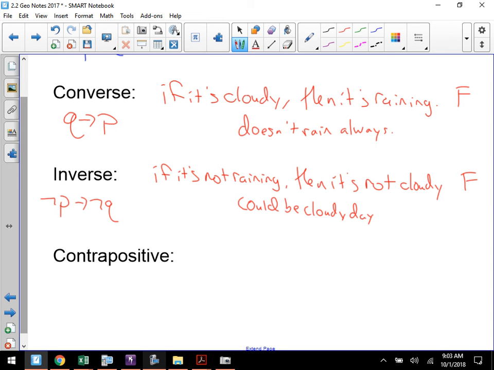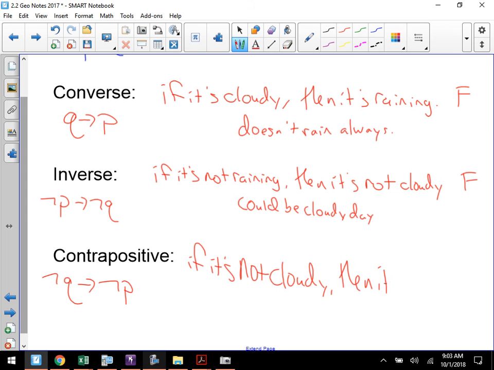And then the last one, the contrapositive, not Q, not P. If it's not cloudy, then it's not raining. Not Q, not P. If it's not cloudy out, it's not raining out.